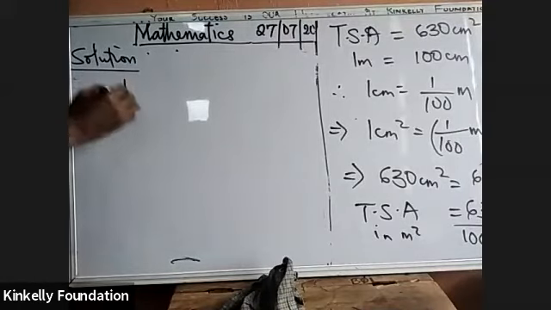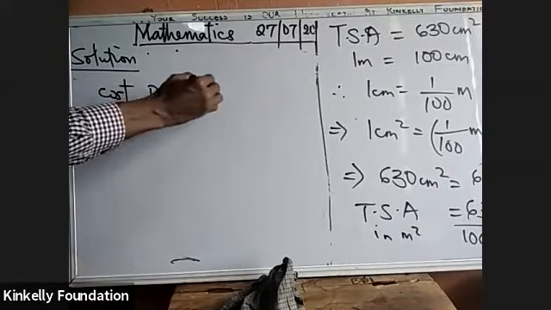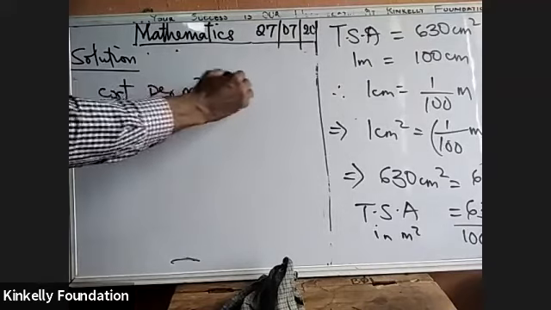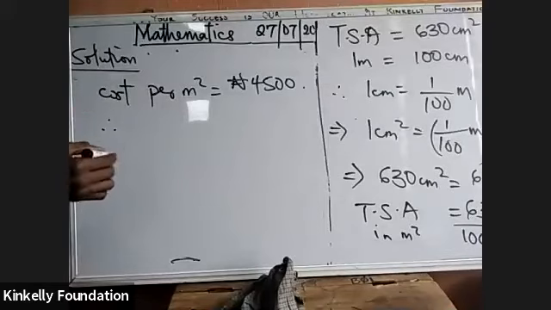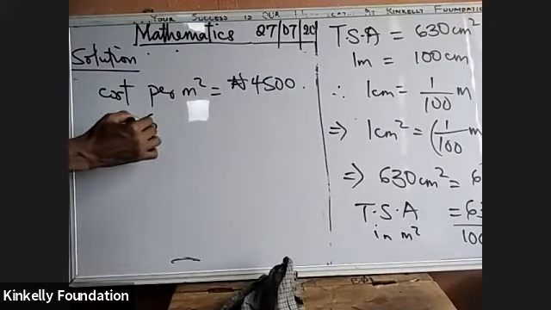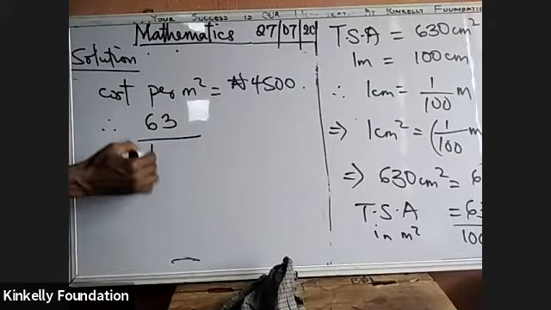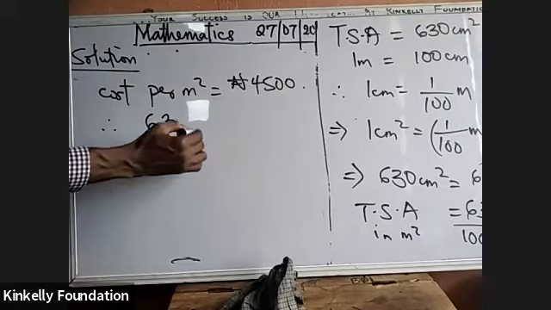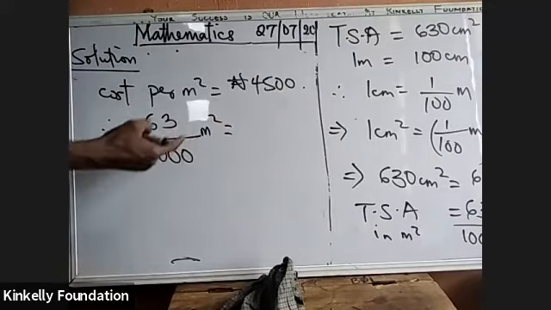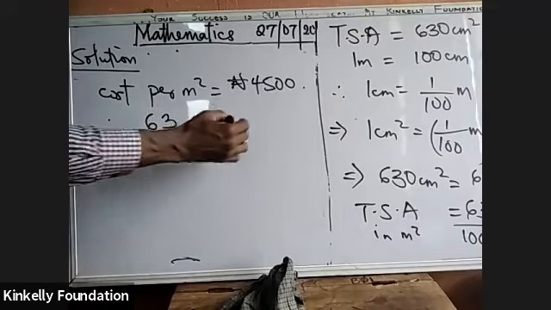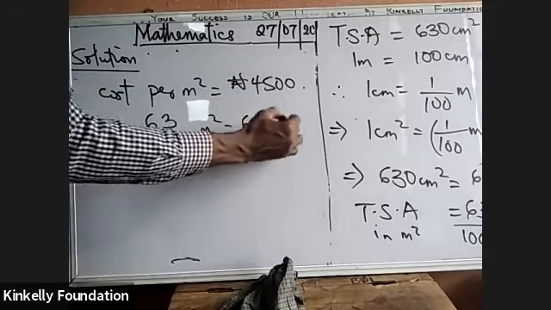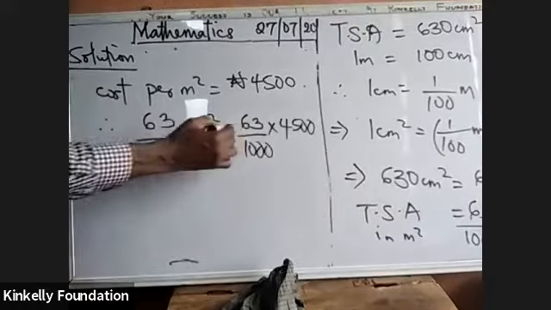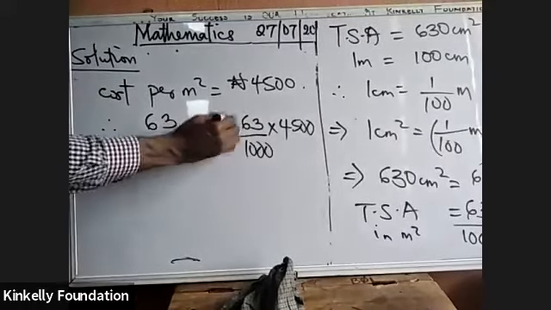Cost per meter squared is 4,500 naira, which means that 63 over 1,000 meters squared will give us 63 over 1,000 times 4,500, all in naira.